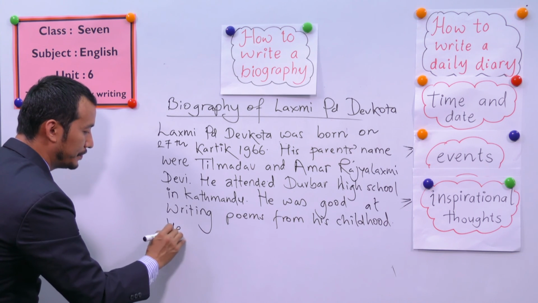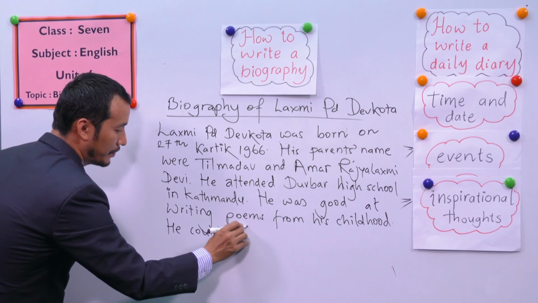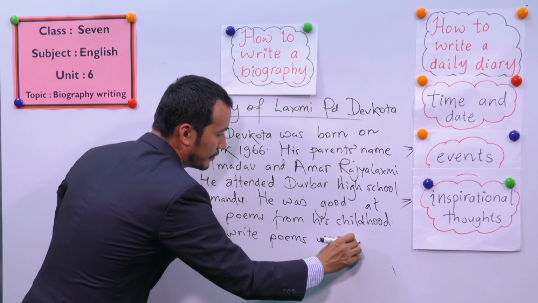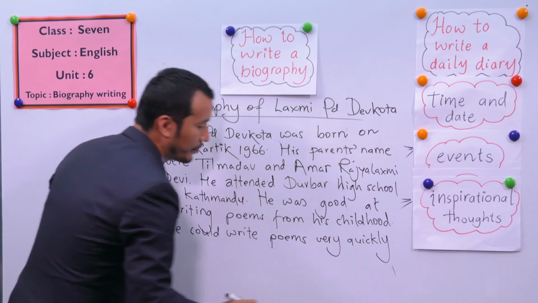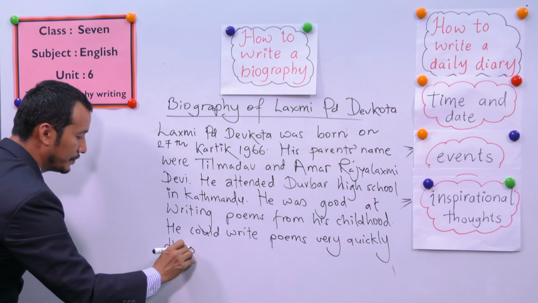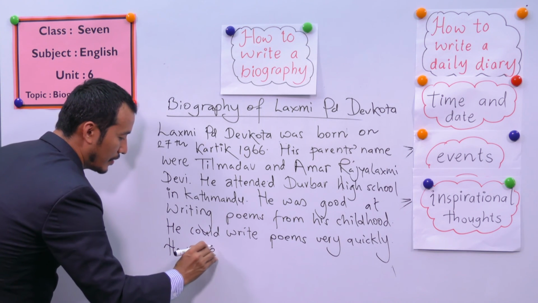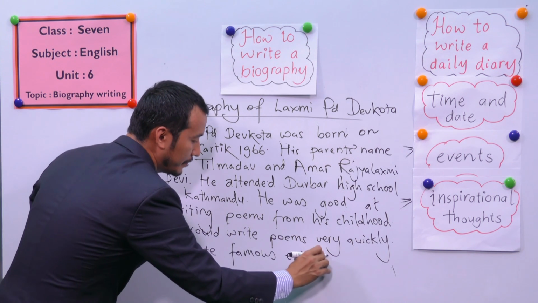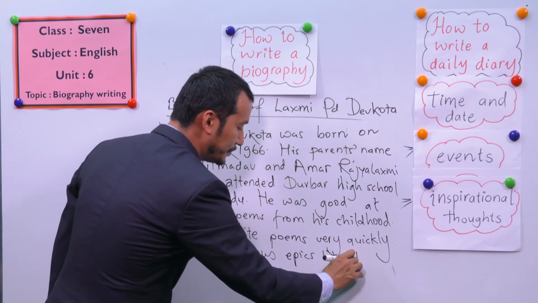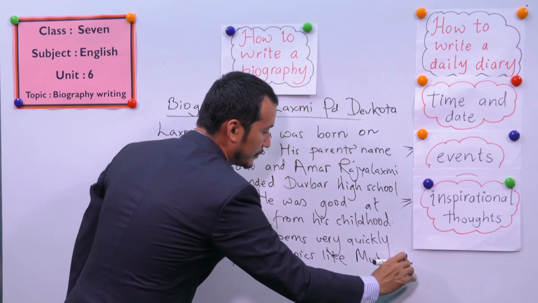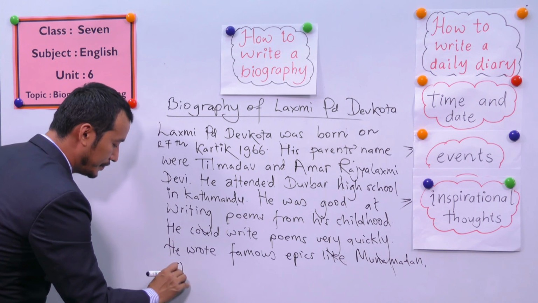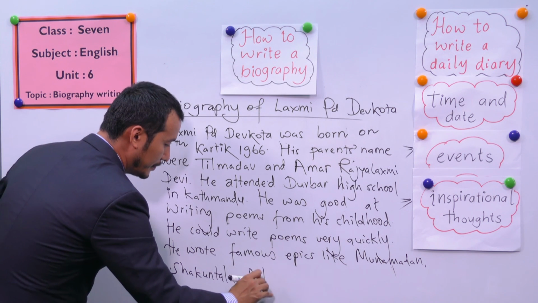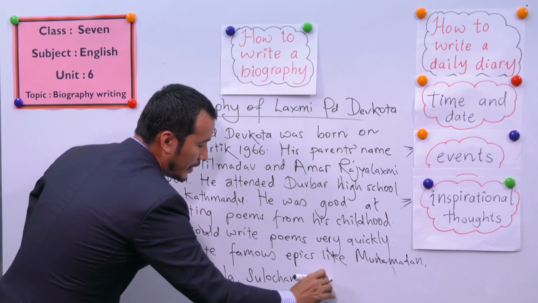He could write poems very quickly. He wrote famous epics like Muna Madan, Shakuntala, Sulochana, and Kunjini.